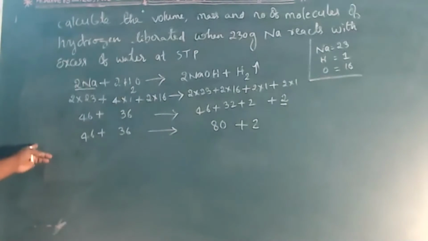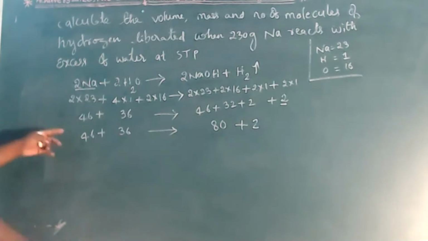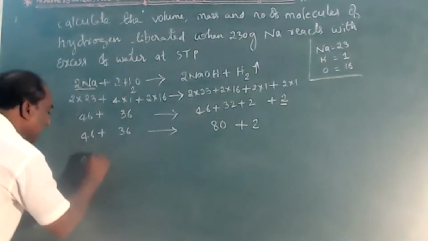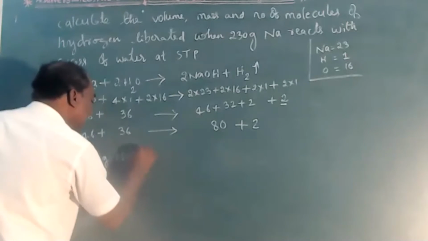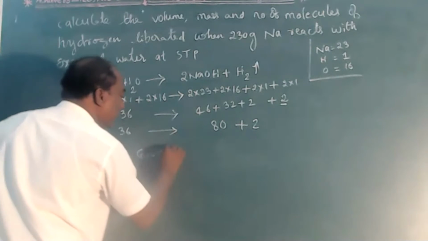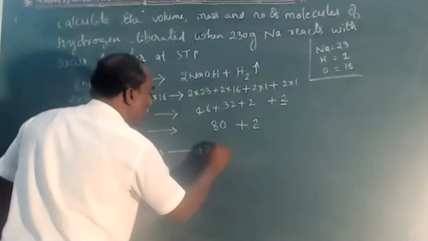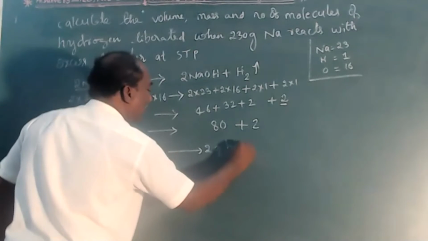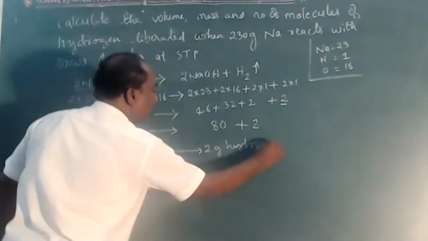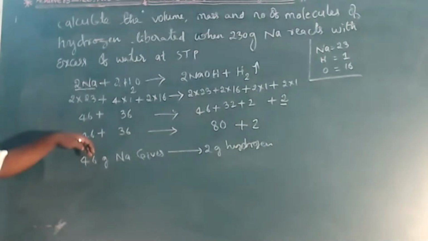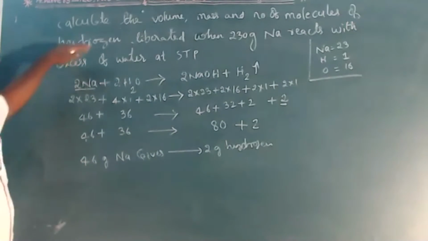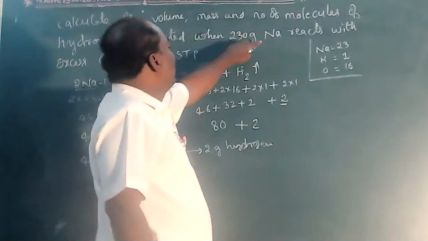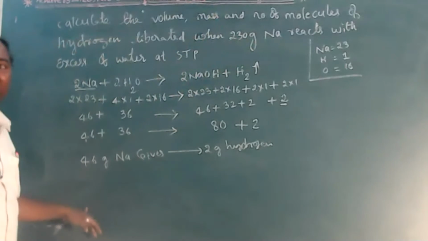First we have to find the mass relationship, children. So 46 grams of sodium gives 2 grams of hydrogen. Then in the problem, 230 grams of sodium, how much hydrogen liberates?